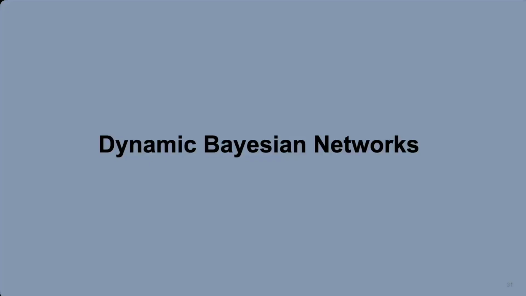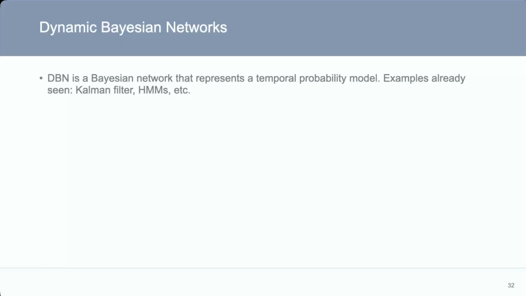Now we turn to the last category of temporal models that we are planning to discuss, that is dynamic Bayesian networks. Dynamic Bayesian networks generalize temporal models even further, and we have already seen some examples of dynamic Bayesian networks, that is Kalman filters and HMMs. Dynamic Bayesian networks are generalized in the sense that Xt and Et can contain arbitrarily many variables.